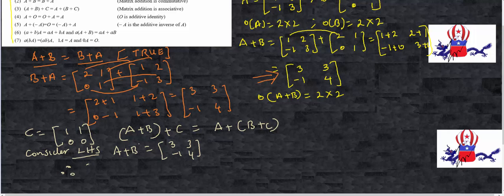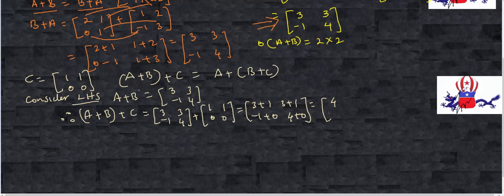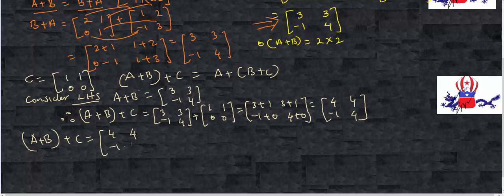Now A plus B being added to C means 3, 3, -1 and 4 added with 1, 1, 0, 0, which gives 3 plus 1, 3 plus 1, -1 plus 0 and 4 plus 0, which is 4, 4, -1 and 4. So A plus B plus C gives me 4, 4, -1 and 4.